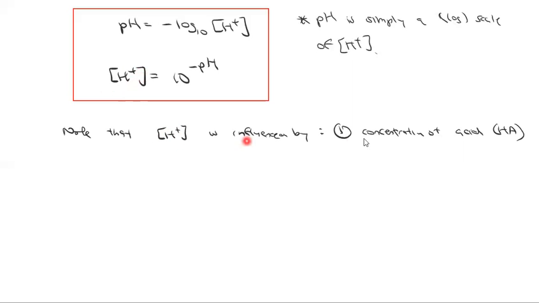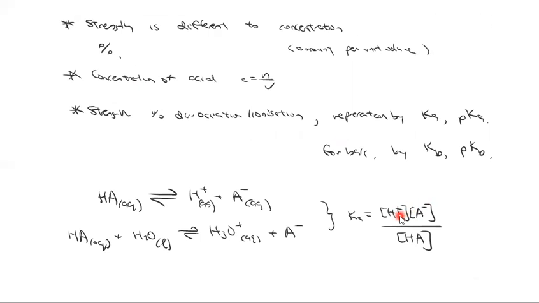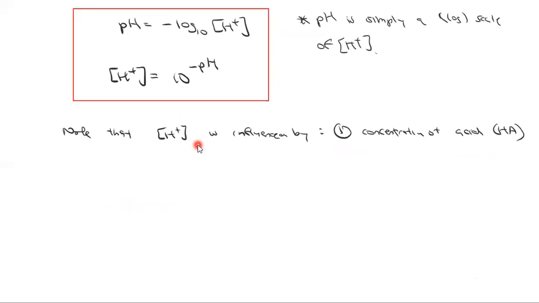But they're not the same. Unless you're talking about a strong acid, like a monoprotic HA, we'll get to that. If not all of it goes across, then the concentration of HA is not going to be the same as the concentration of H+. That's one thing you need to recognize.